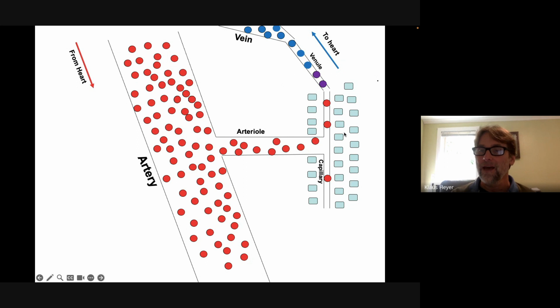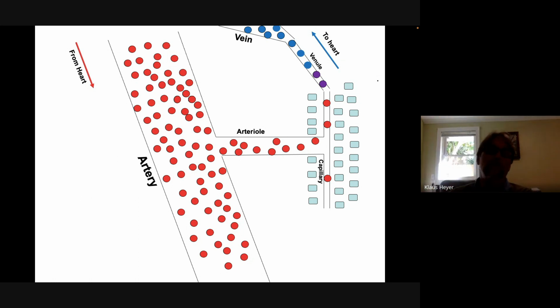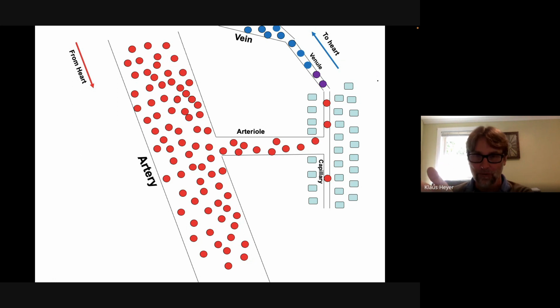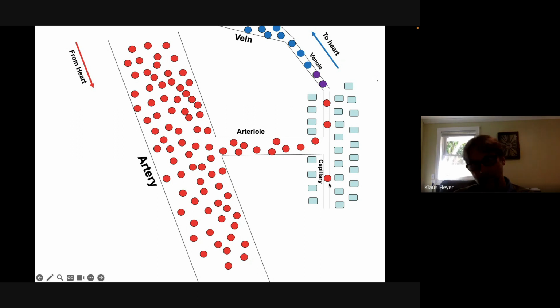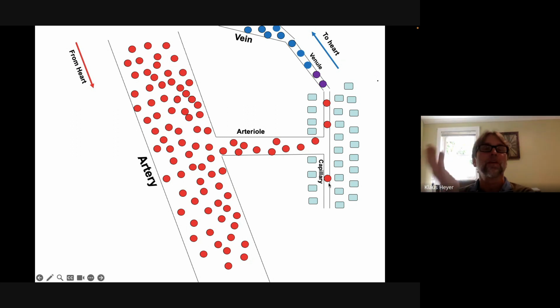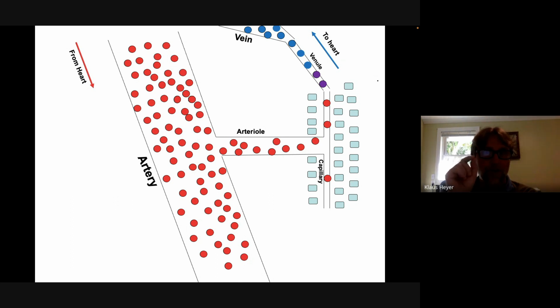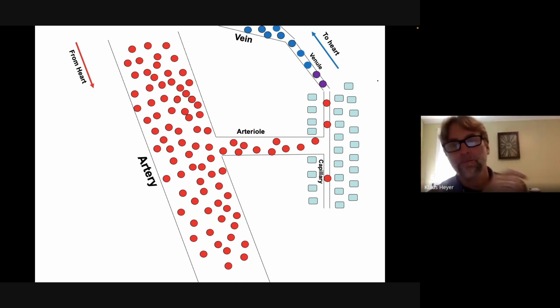And then finally a capillary. That's where your house is. Your house is not literally on the interstate. Most of the time, your house is not on a major road like an arteriole. It's going to be on a residential street, which is like a capillary. Sometimes these capillaries are so small that you could fit one blood cell at a time on them, right?